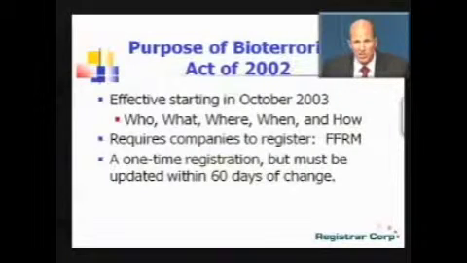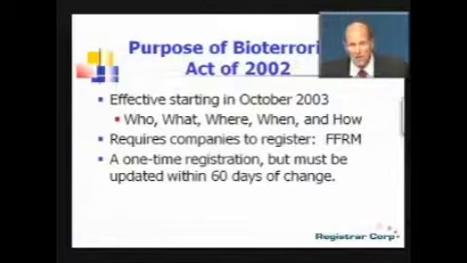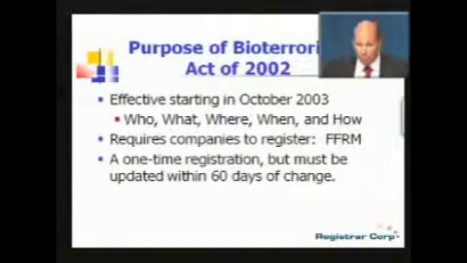The registration is done through what's called a Food Facility Registration Module, or an FFRM. This can be done directly with FDA, or you can have a third party assist you in completing the registration. It is a one-time registration. However, it must be updated within 60 days of any change in your data.